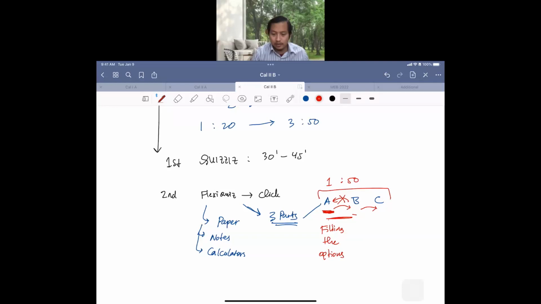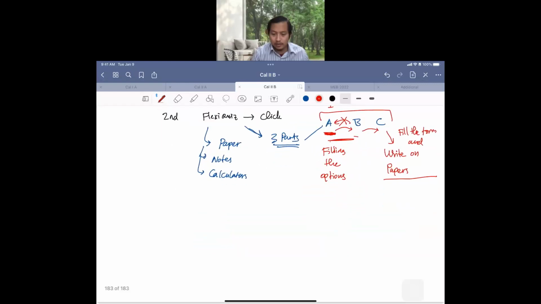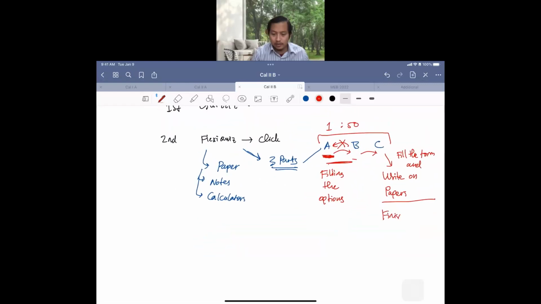For part C, you need to write on papers. So fill the form and write on papers. After you finish, submit the paper through my email.